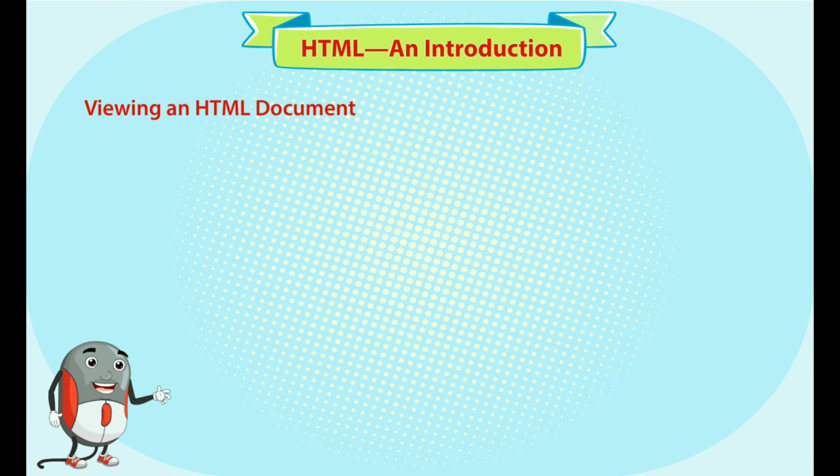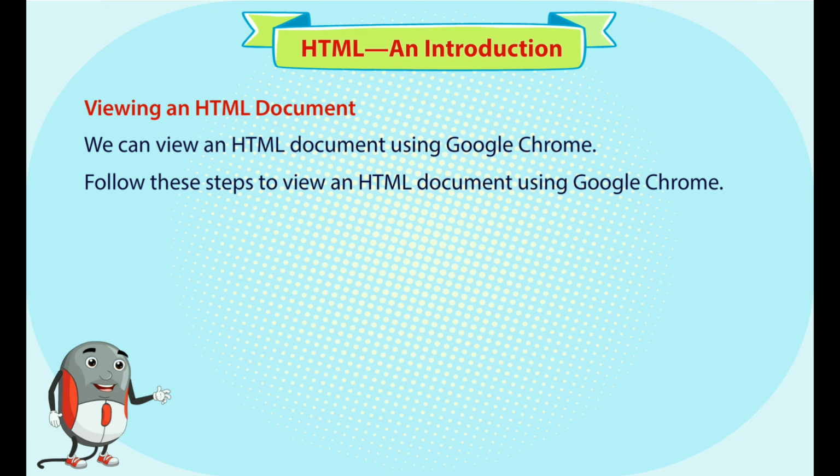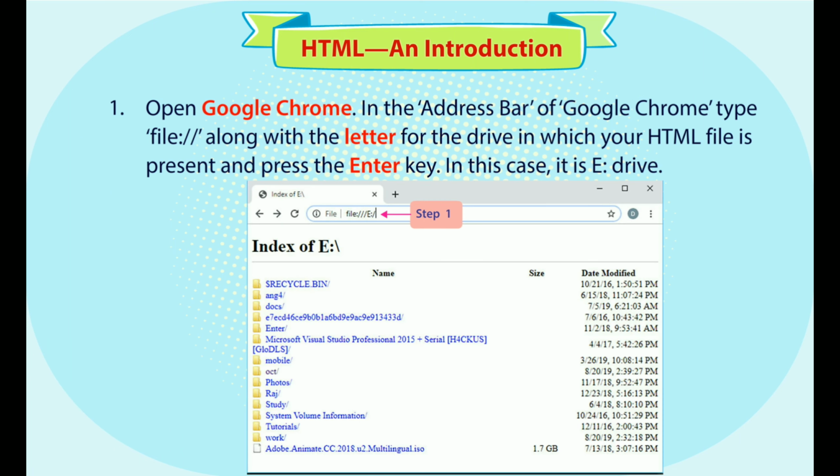Viewing an HTML document. We can view an HTML document using Google Chrome. Follow these steps to view an HTML document using Google Chrome. Open Google Chrome. In the address bar of Google Chrome, type file along with the letter for the drive in which your HTML file is present and press the Enter key.